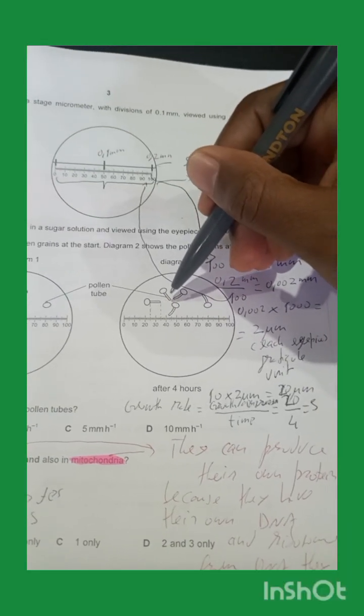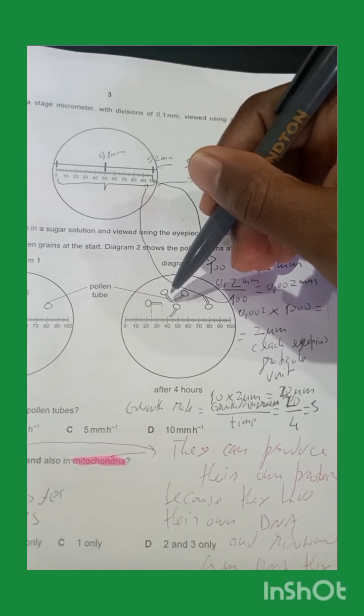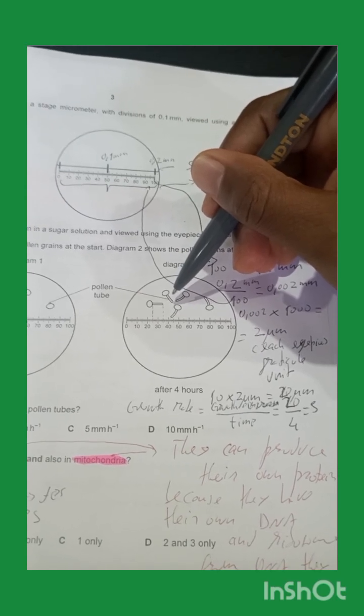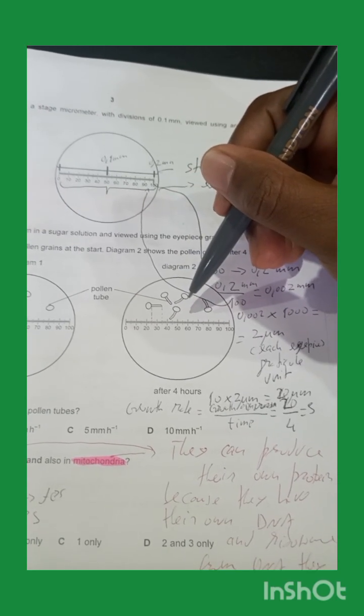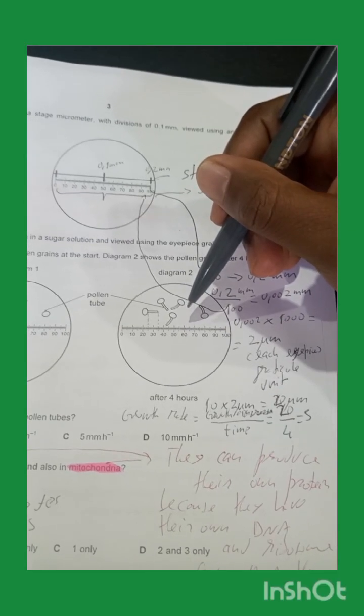We know from the diagram on the right that it has grown 10 units according to the eyepiece reticule, and we have already calibrated it according to these calculations. So growth is going to be 2 times 10 units here, which is 20.